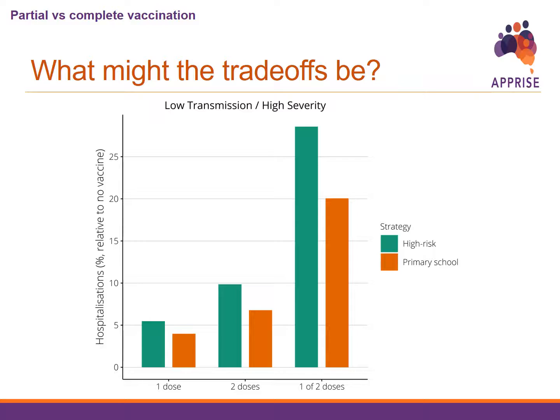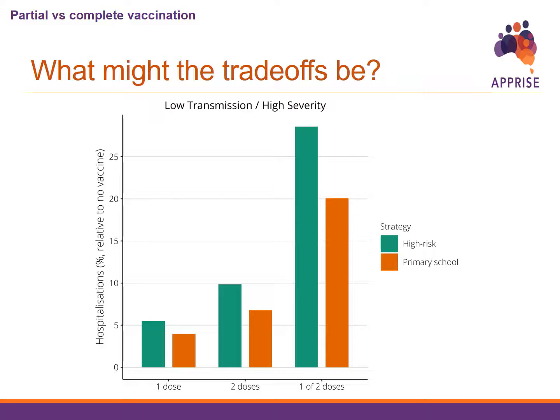The second column looks at the case where 2 doses are needed for full protection, and the number of vaccines is unchanged, meaning that half of the people in the population are fully immunised with 2 doses in this example. On the far right, we take the same number of doses where 2 are required for full protection and administer just 1 to a larger number of people.